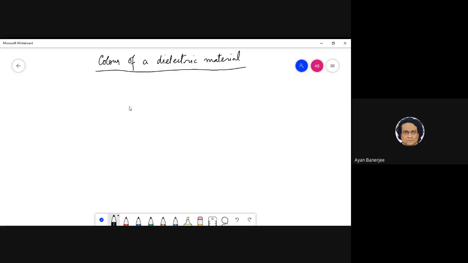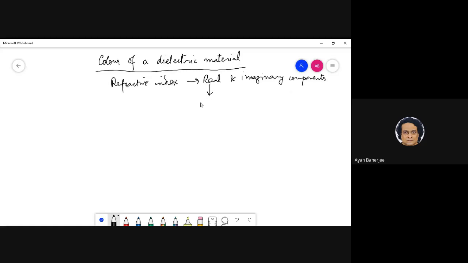So what we have learned is the refractive index has real and imaginary components.